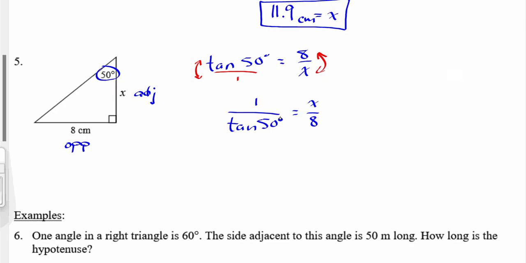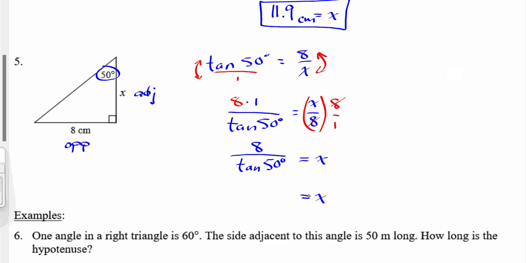Again, if you want that as a decimal already, you can do it. But I'm going to leave it like that because I don't have a calculator right in front of me, and I'll undo this divide by 8 by multiplying both sides by 8. And the 8 gets multiplied to the numerators, cancels out on the right. So I'll have 8 divided by tangent 50 degrees.